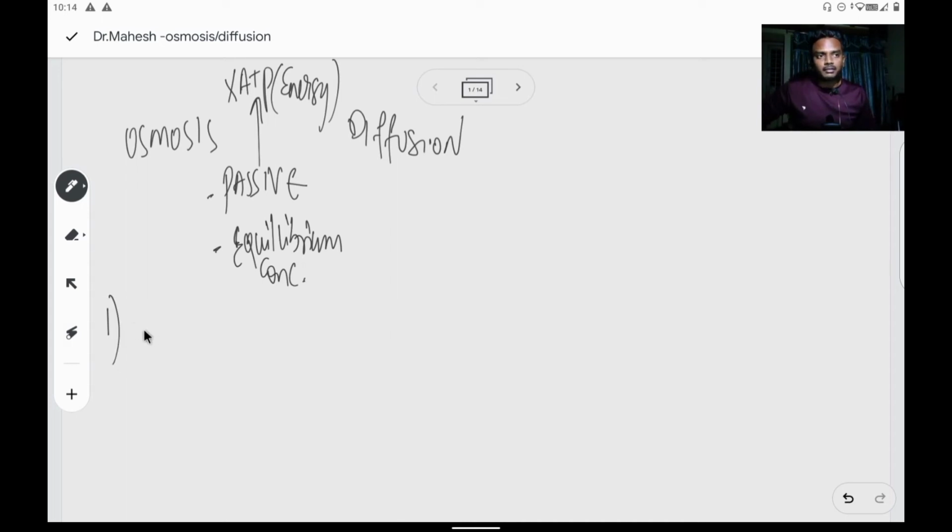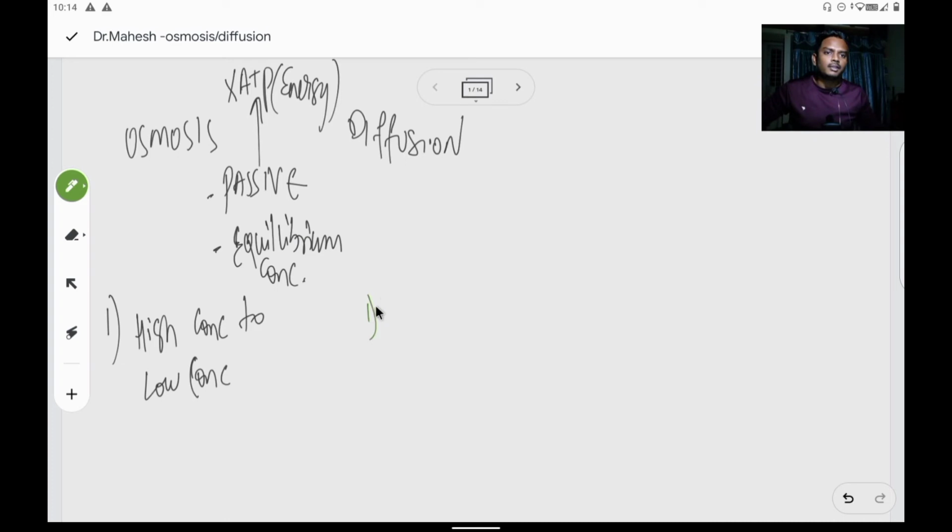Actually, this is a tricky part. This is the main important part where most of the people will get confused. In the literature, generally they wrote osmosis happens from high concentration to low concentration solution. We all studied that, I think.